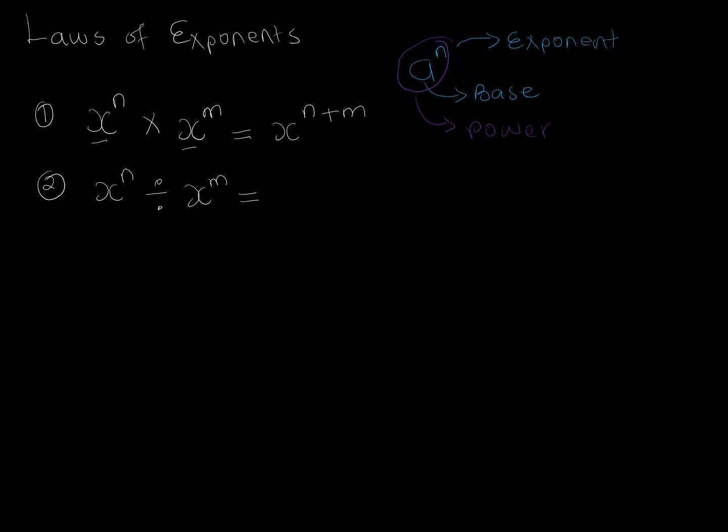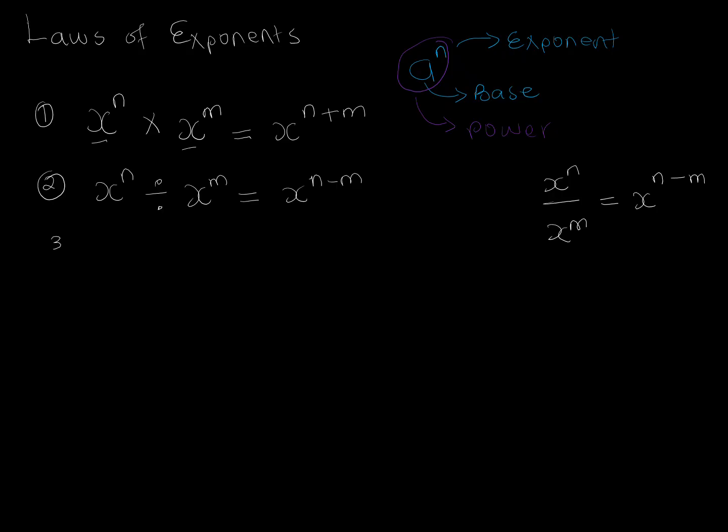Let me write this in this way: x to the power n over x to the power m equals x, and we take the exponent of the one on top, then subtract the exponent of the one on the bottom. So when the bases are the same, what do we do to the exponents? We subtract them. I hope this makes sense.